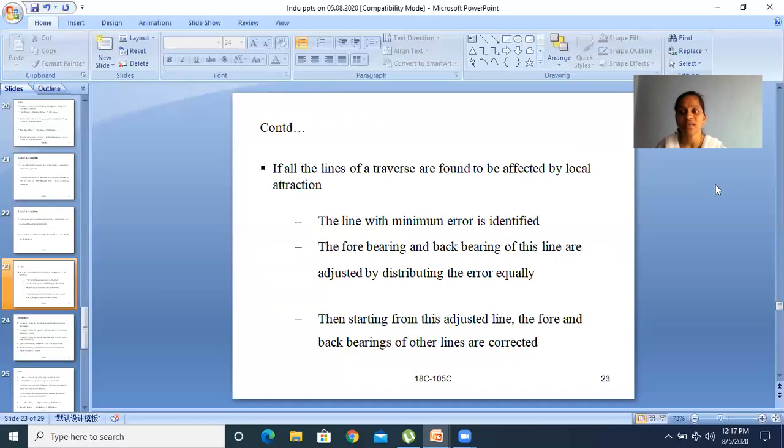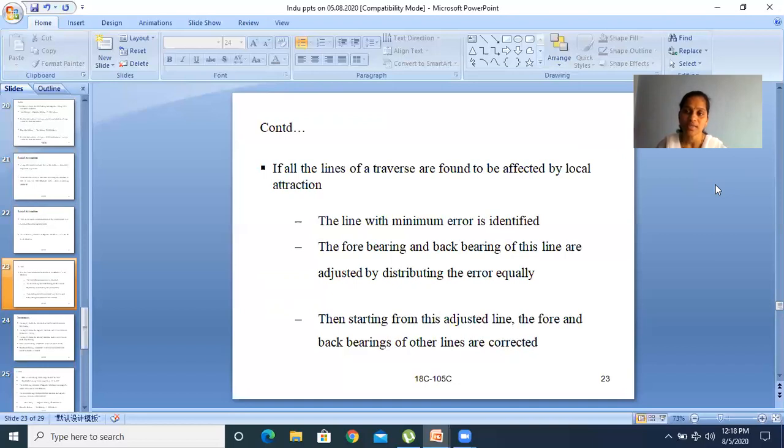We will see this when we see the problems on local attraction. You can easily identify and remember how to calculate the fore bearing and back bearing if any station is subjected to local attraction.